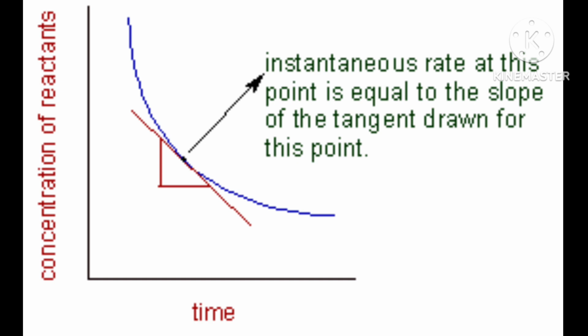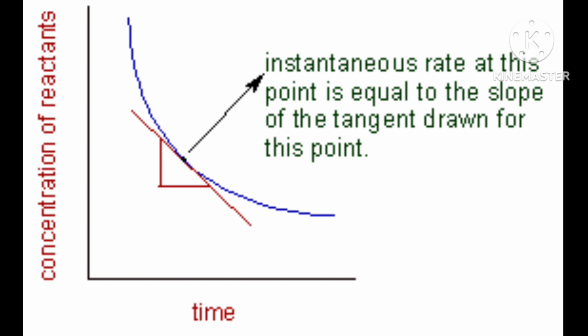Then actually I told you about the rate. Sometimes a reaction takes place in gaseous form; this I told you for liquid form. But some reactions take place in the gaseous state. Then how will you measure their concentration?